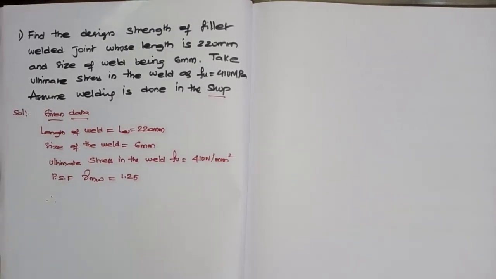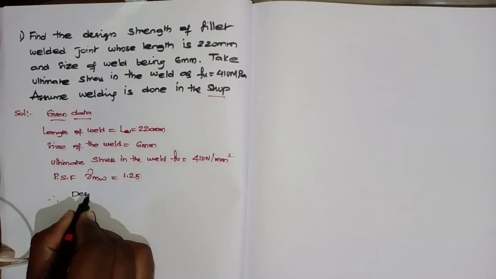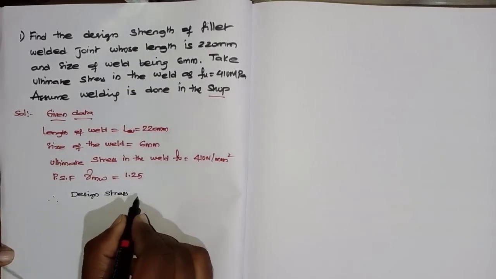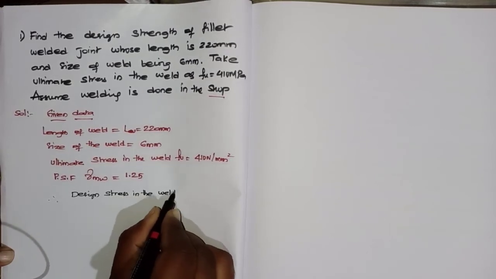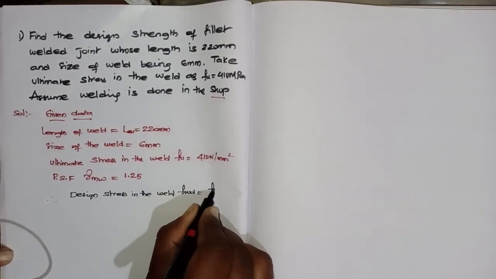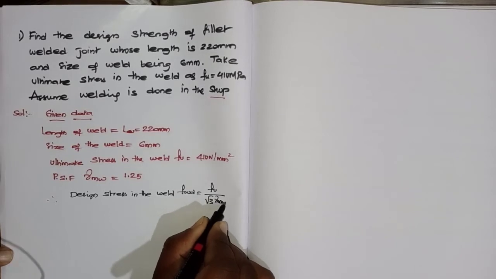So up to this it is a given data. Now we'll calculate design stress in the weld. It is denoted by what? FWD. FWD equals to FU by √3 into gamma MW.